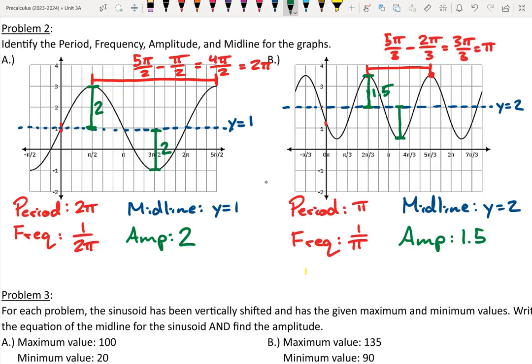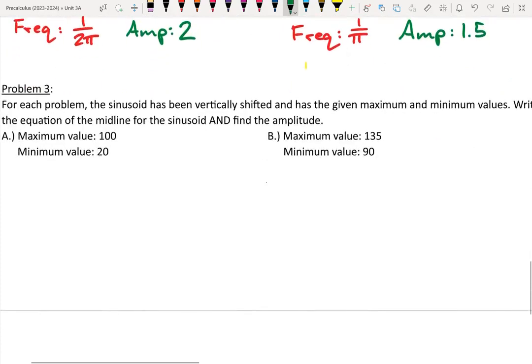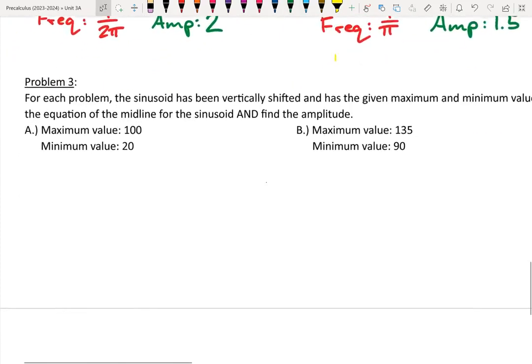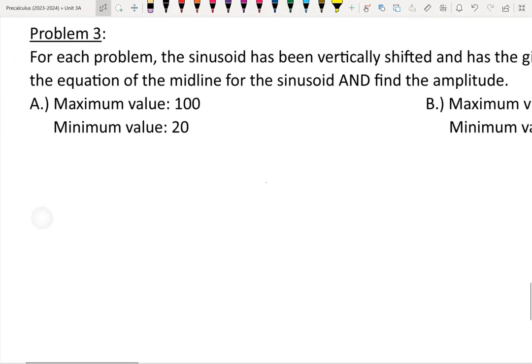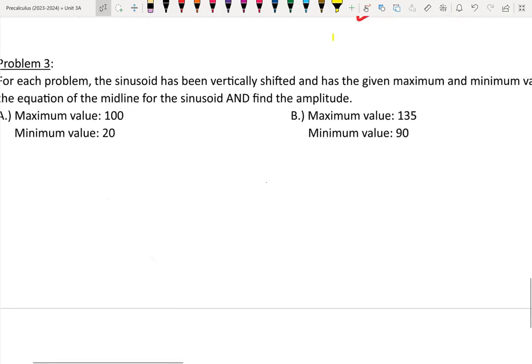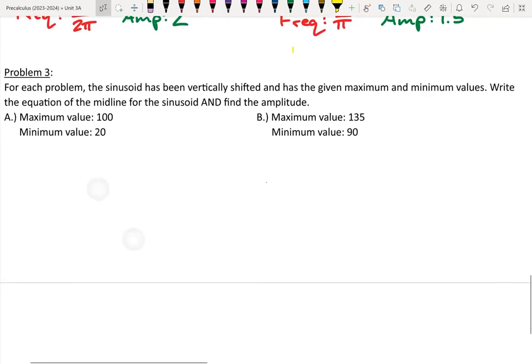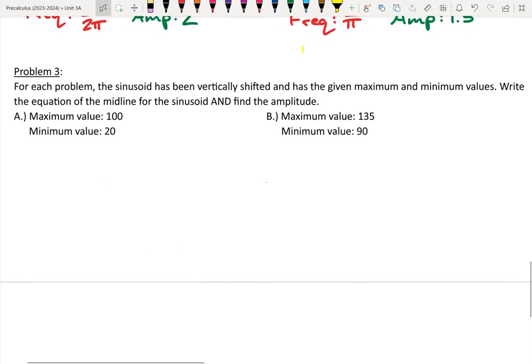All right. So that's identifying from a graph. We can also identify even if we're not given a graph. So for problem 3, for each problem, the sinusoid has been vertically shifted and has the given maximum and minimum values.